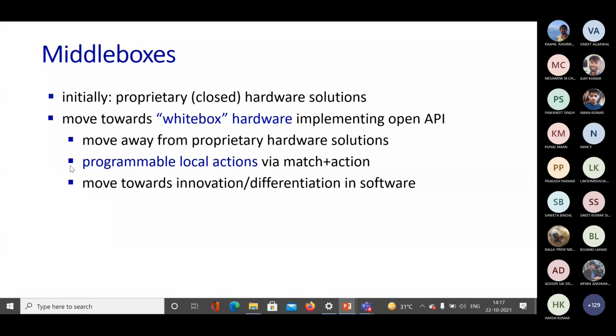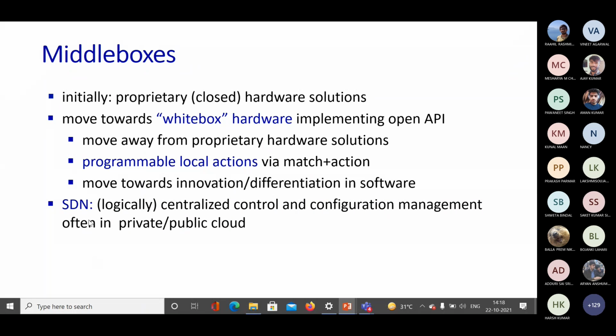You can provide this using programmable local actions via match plus action pairs, which we did in yesterday's class, right? So you can have programmable local actions using match plus action pairs in your forwarding table, and this will move towards a software based solution rather than a hardware based solution. And this is the basis of what we generally go for when we are talking about software defined networking.